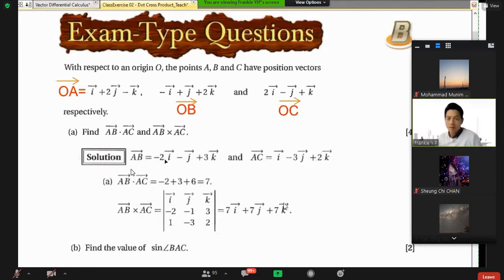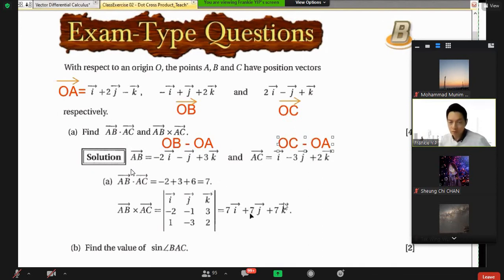AB vector is OB minus OA to form this. I think it's easy, right? OB minus OA to form this. How about AC? This one is OC minus OA to form this. Got it?